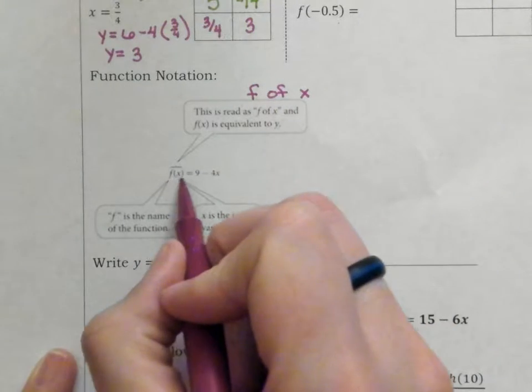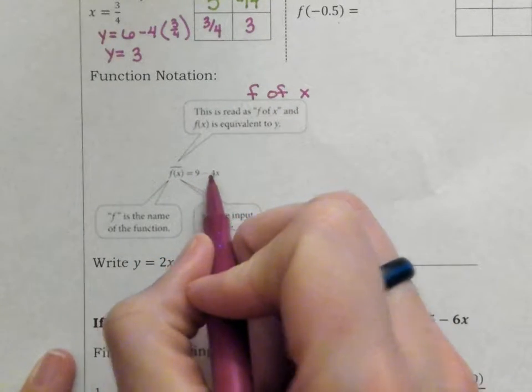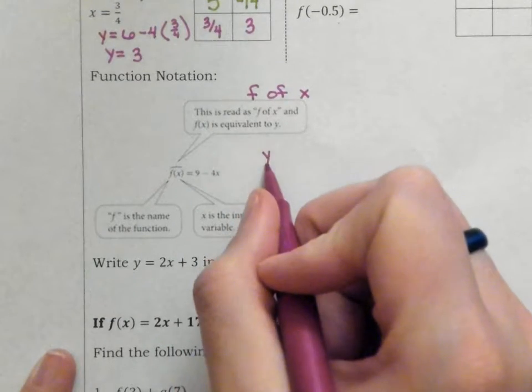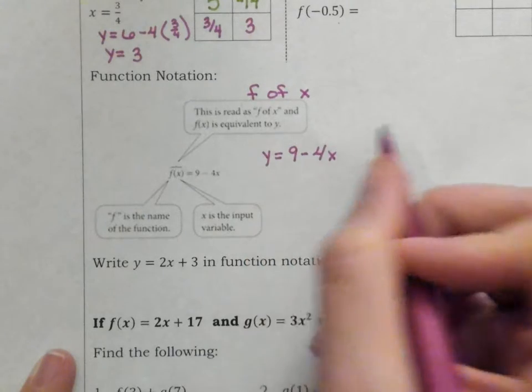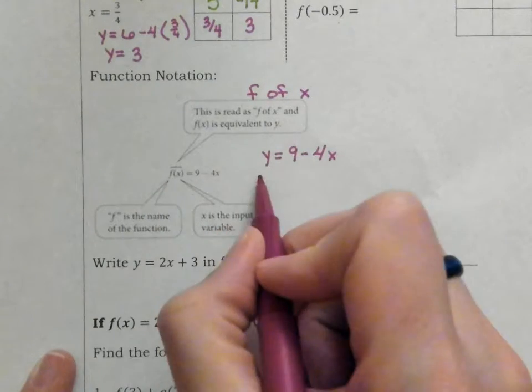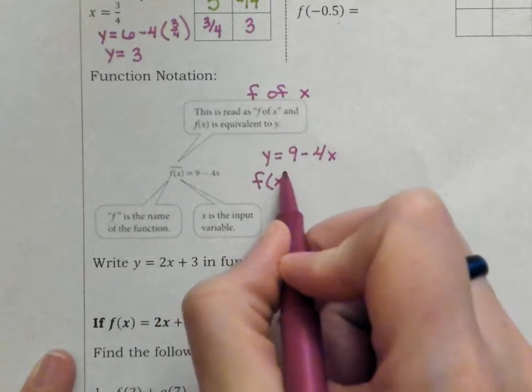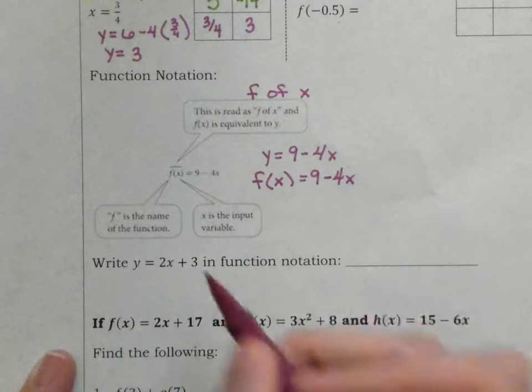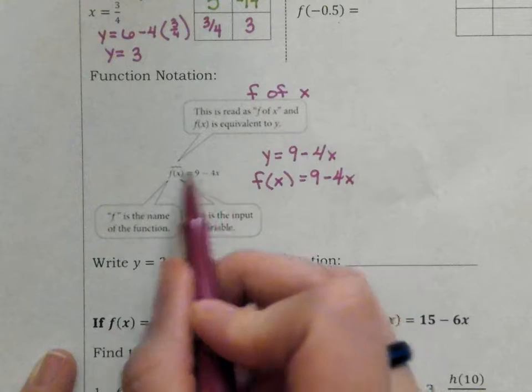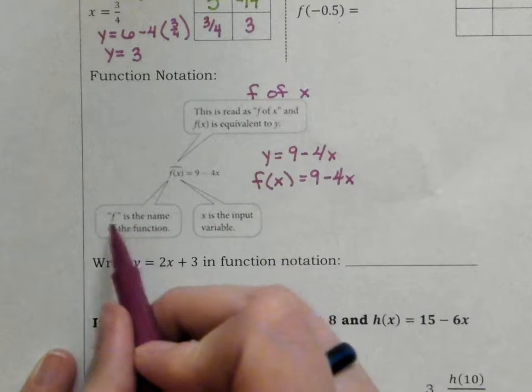So here, f of x equals 9 minus 4x. It's the same thing as saying y equals 9 minus 4x. But if we use function notation, then we're saying that this equation has a name and its name is f.